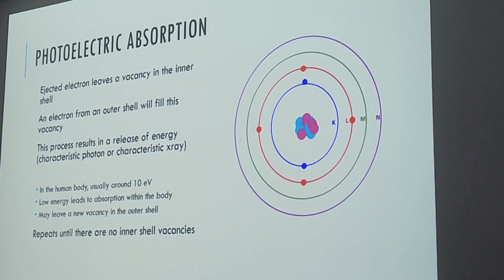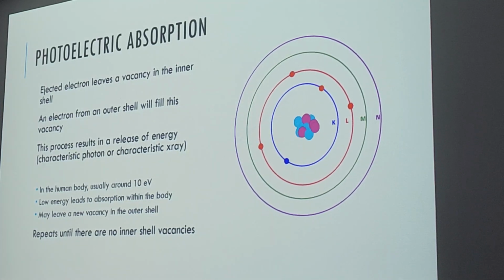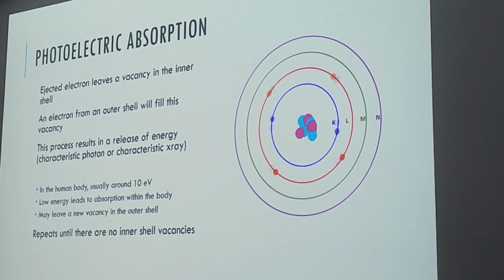Mr. Funk said they just grab a floating electron. Because they don't have a house, they're homeless, so then they go to the outer shell.